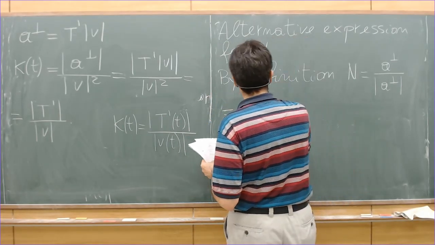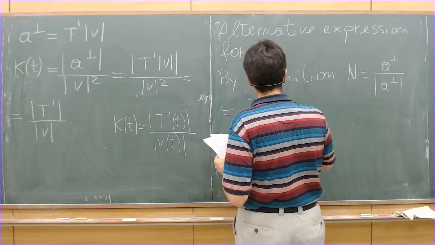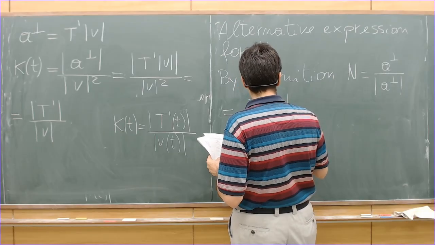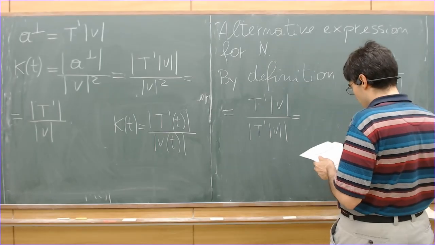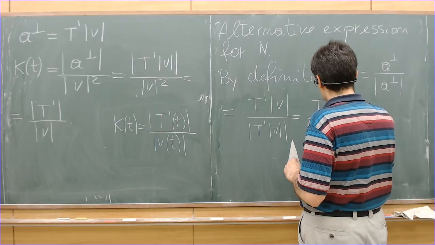So we have t prime times the length of v divided by the length of t prime times the length of v. And this reduces to t prime over the length of t prime.